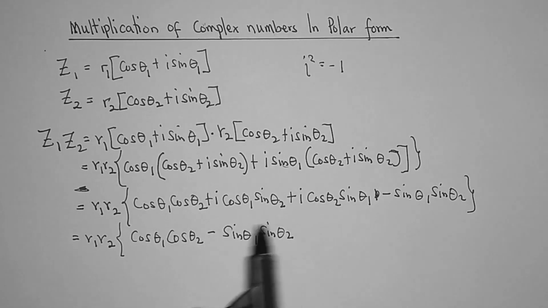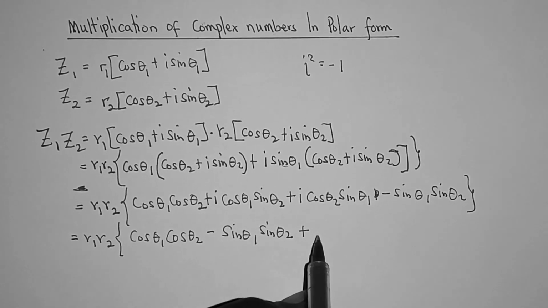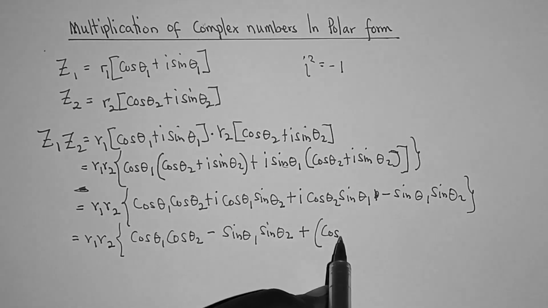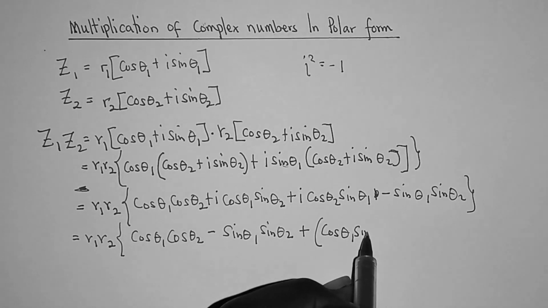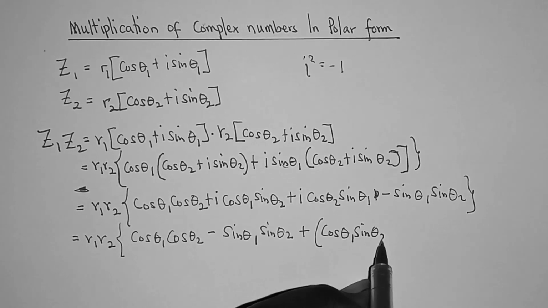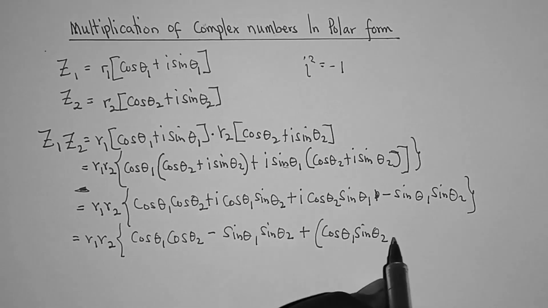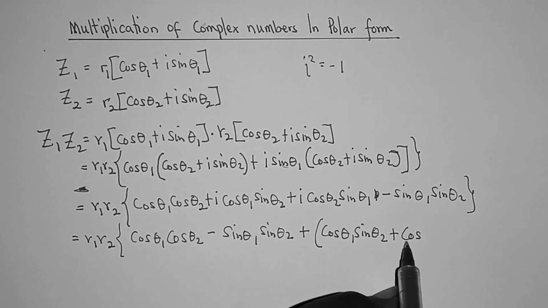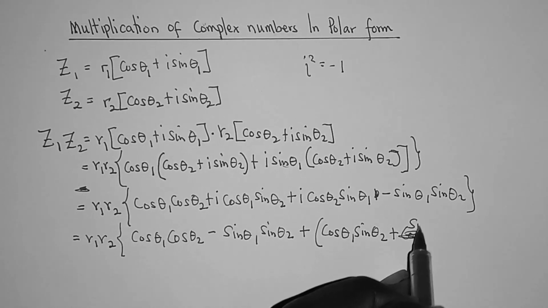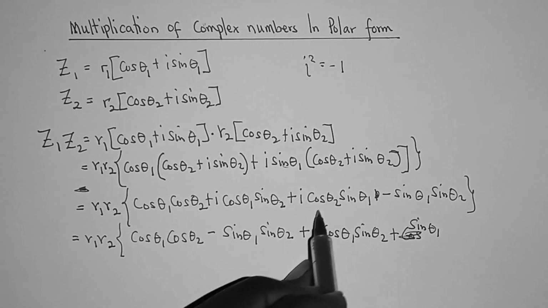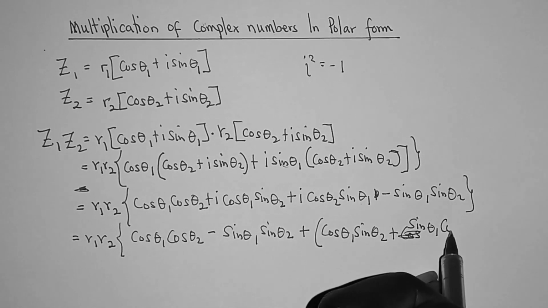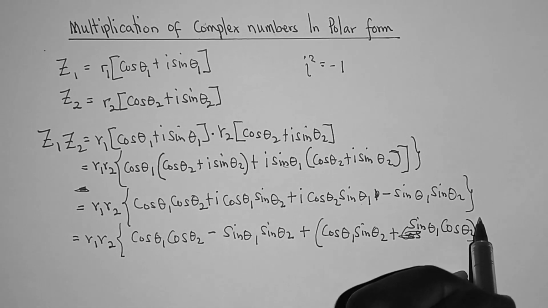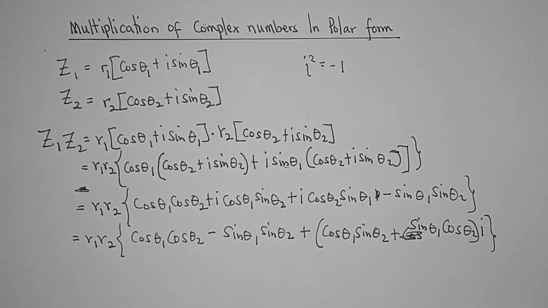And then here is plus into brackets cos theta 1 sine theta 2, then plus sine theta 1, which is this, cos theta 2, i, then bracket close.